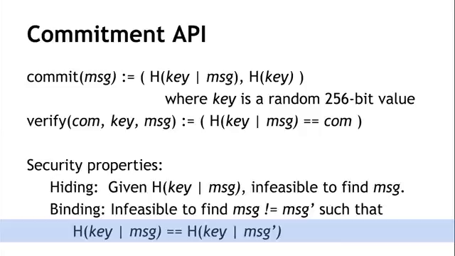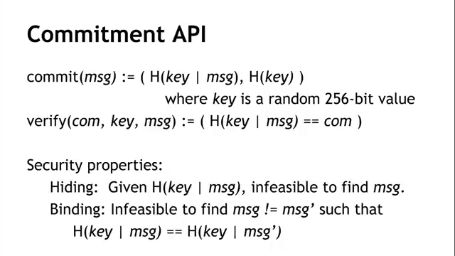Okay, so now what these properties become, the first one is given the hash of key concatenated with message, it's infeasible to find message. Well, it turns out that that's exactly the hiding property that we talked about before. The key was chosen as a random 256-bit value, and therefore the hiding property says that if we take the message and we put before it something that was chosen from a very spread out distribution, like I said, a random 256-bit value, then it's infeasible to find the message. So this is exactly the hiding property.